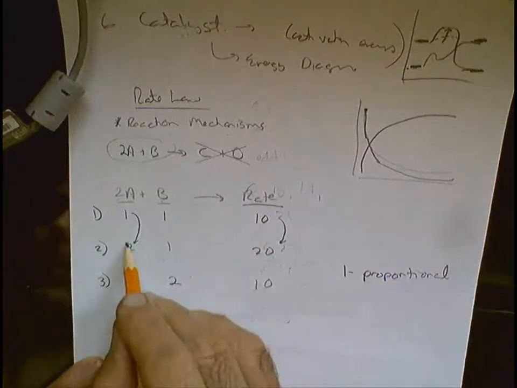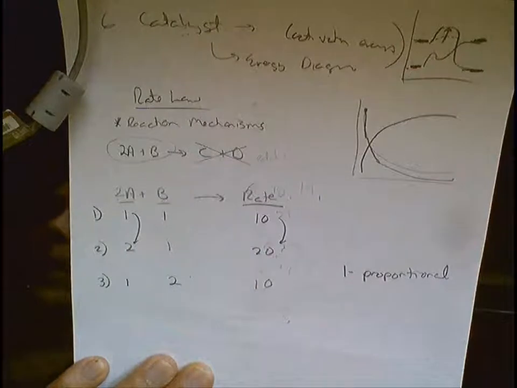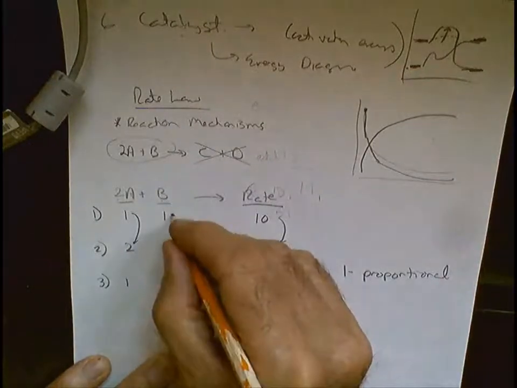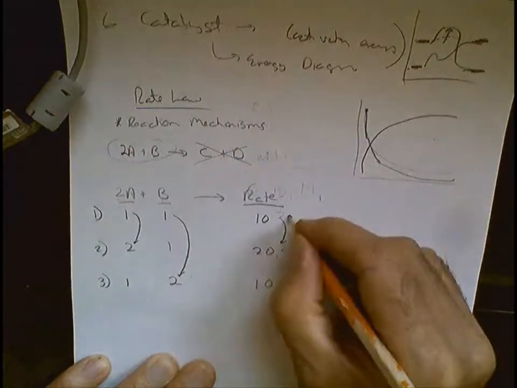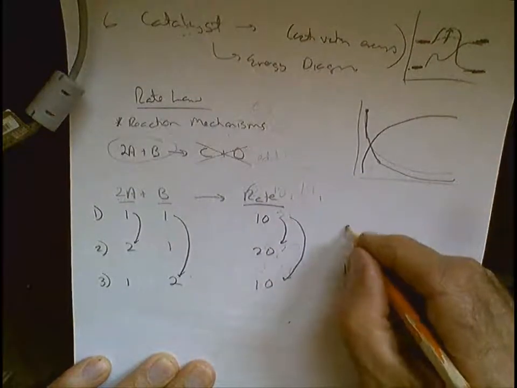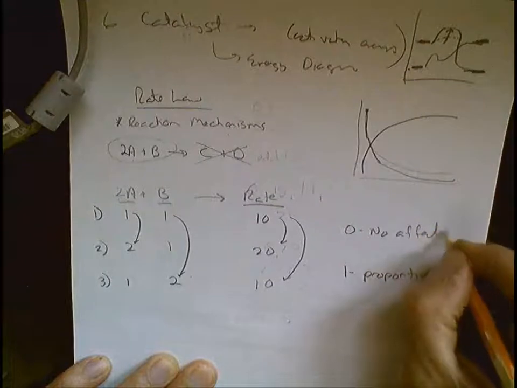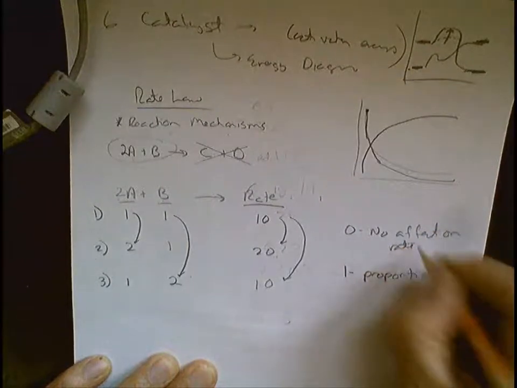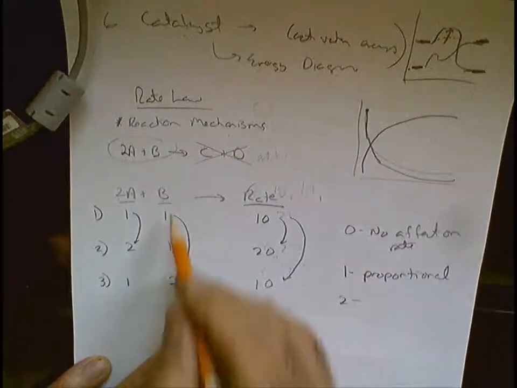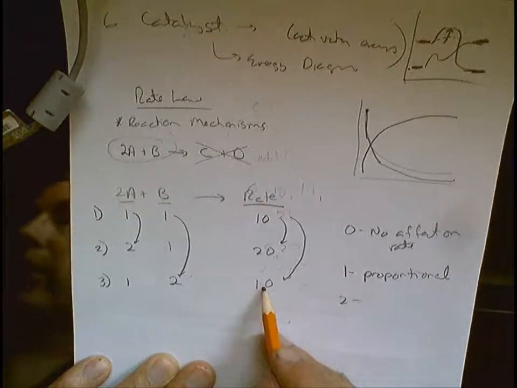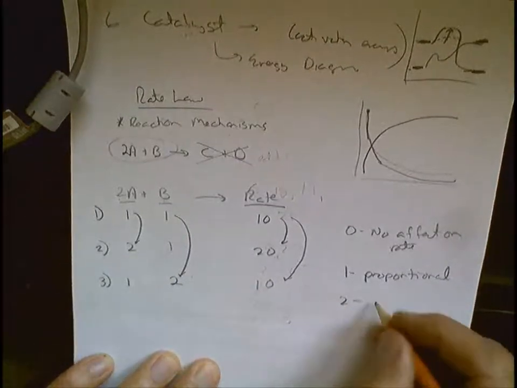So if we tripled A, then we would expect the rate to triple. Now with B, when we doubled B, the rate did not change. That's a 0. No effect on rate. If we doubled B and the rate went up exponentially, that would be a 2.